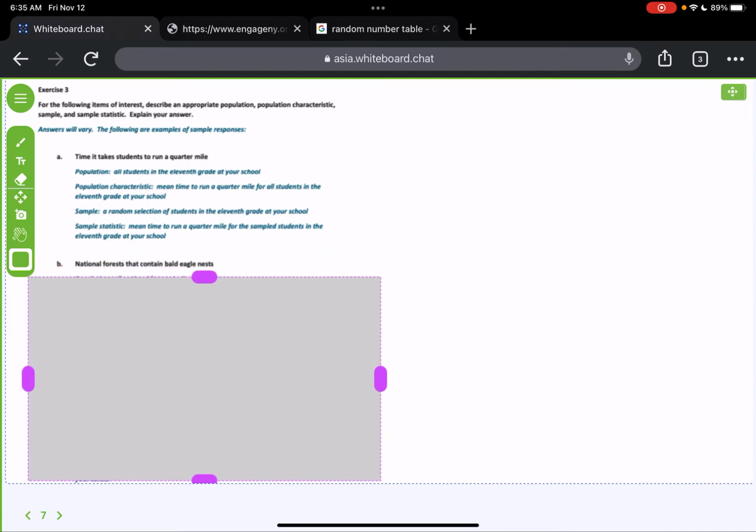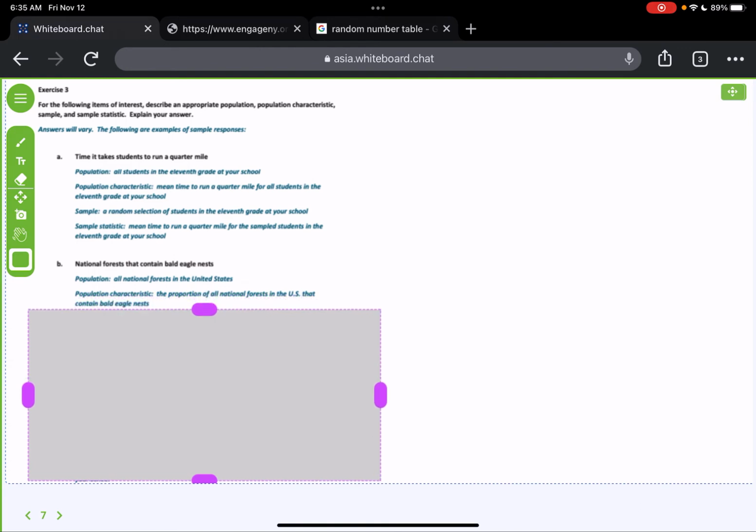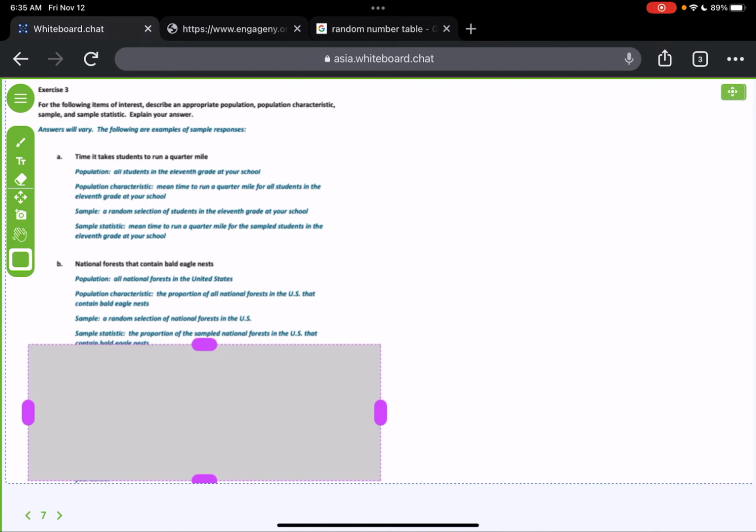All right, national forests that contain bald eagle nests. Well, all the forests in the United States, and you would take the proportion of all the national forests in the United States that contain bald eagle nests. Now, if you don't want to go through every single national forest, then you would just pull a sample of them.